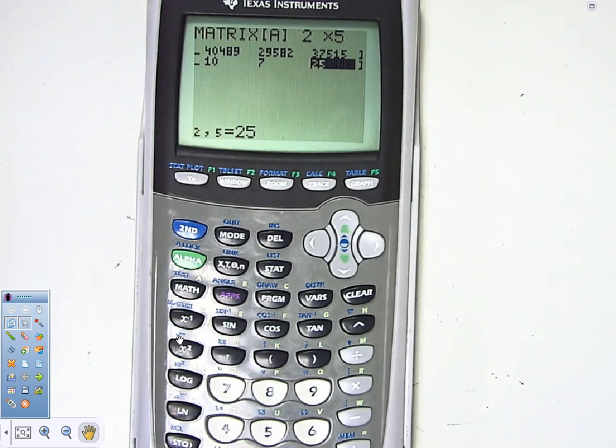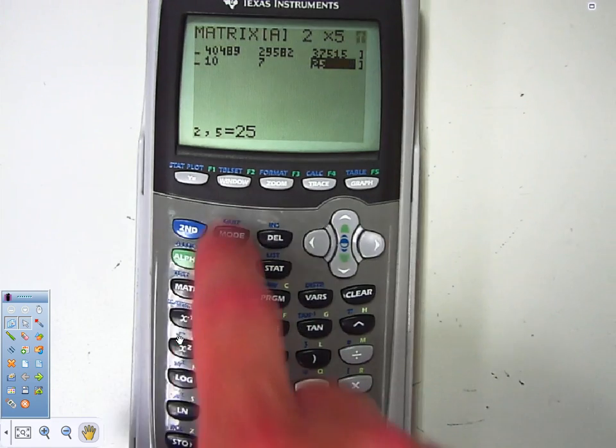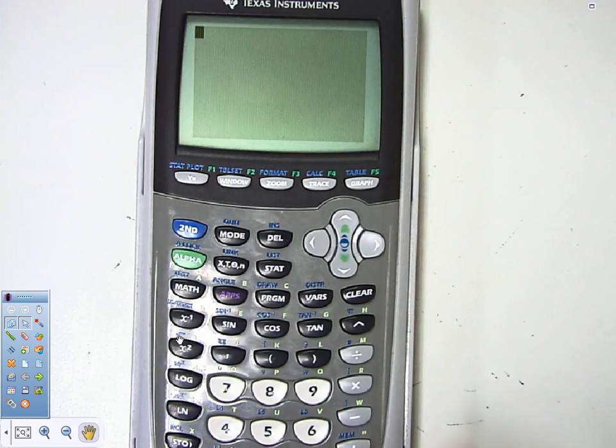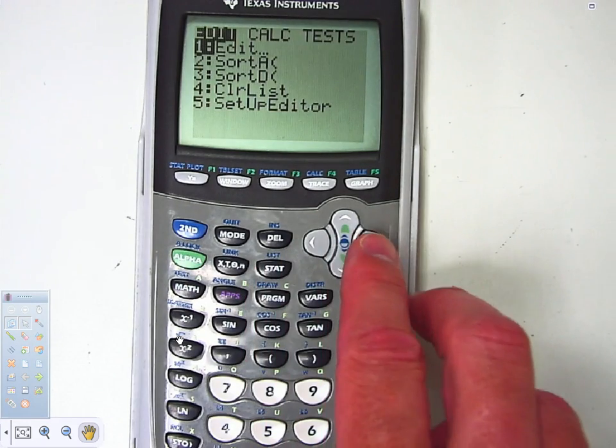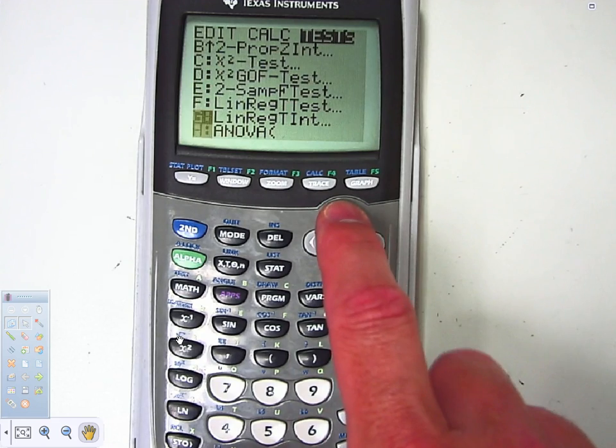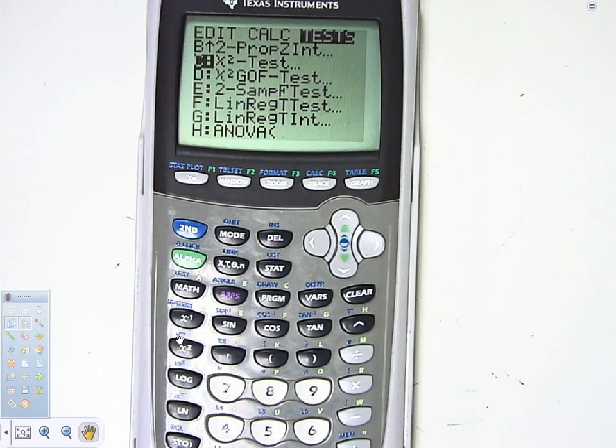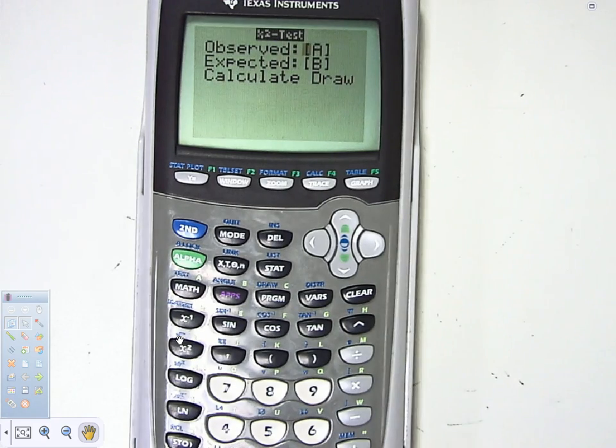Now that we've created our matrix, we can quit out of this with second quit, and go grab our chi-squared test. Stat, tests, chi-squared test, not the goodness of fit test. Here's all it needs. The calculator wants to know where the observed counts are, which right now is in matrix A, and which matrix to put your expected counts in.